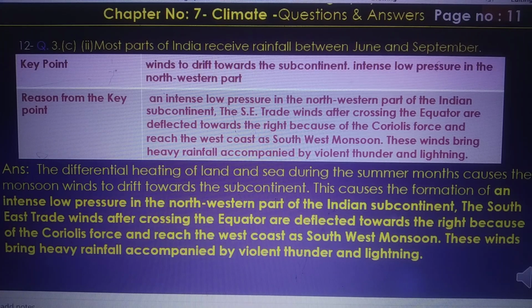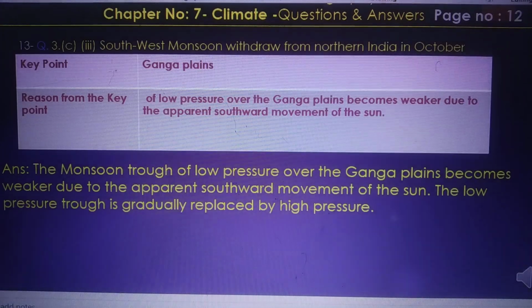The southeast trade winds, after crossing the equator, are deflected to the right because of the Coriolis force and reach the west coast as the southwest monsoon. These winds bring heavy rainfall accompanied by violent thunder and lightning. This is the reason from the key points. We have taken the final answer.